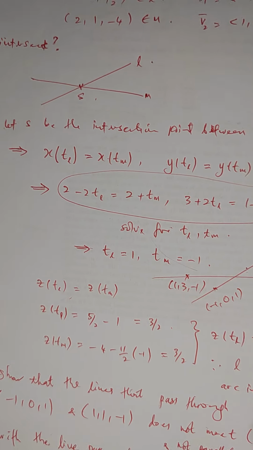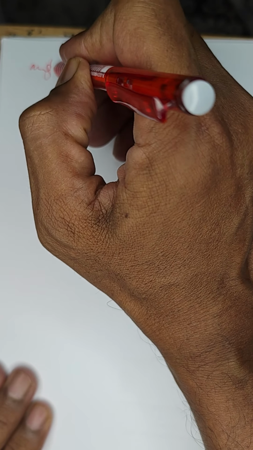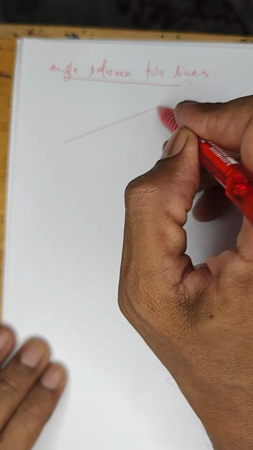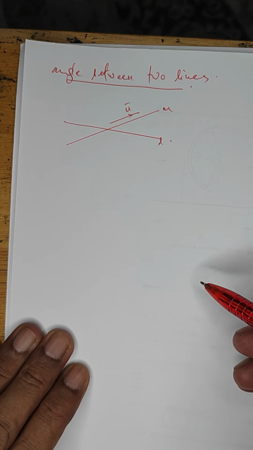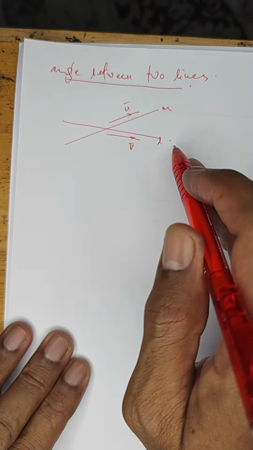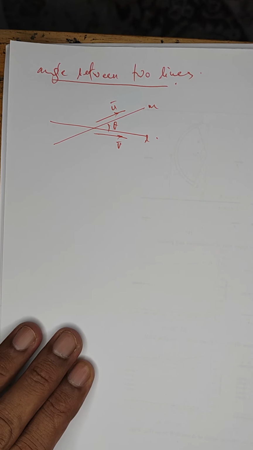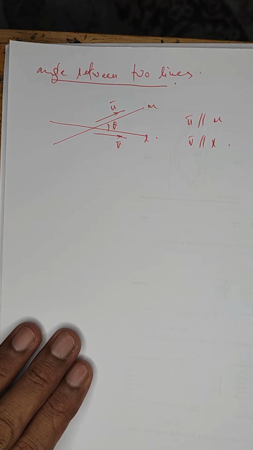So next we look at the angle between two lines. Let's say we have a line M and a line L, with vector U parallel to line M and vector V parallel to line L, with the angle in between being theta.